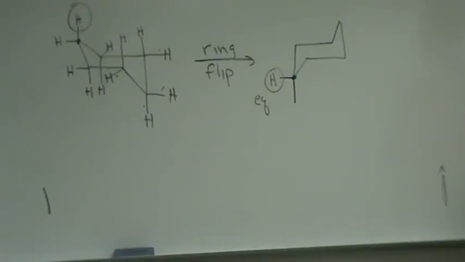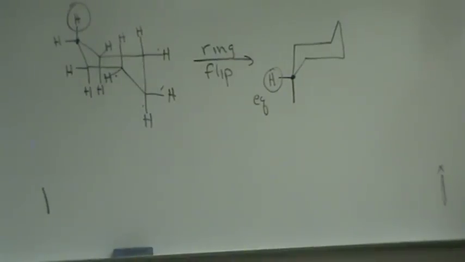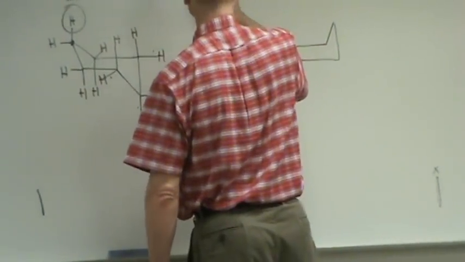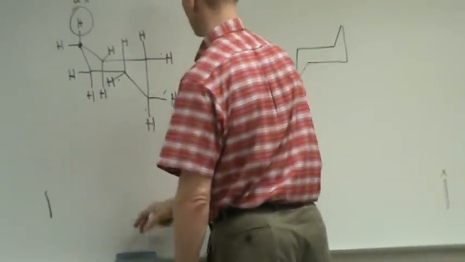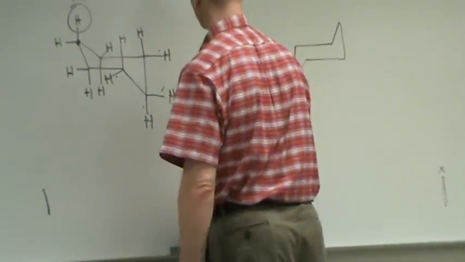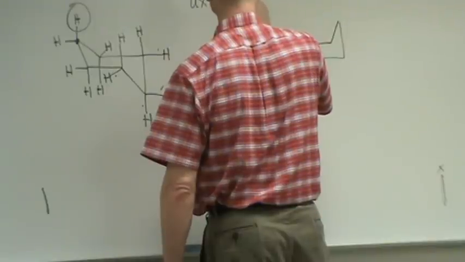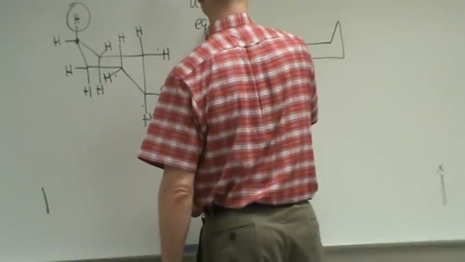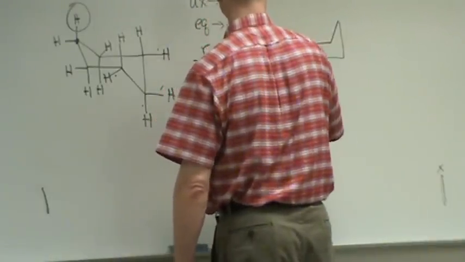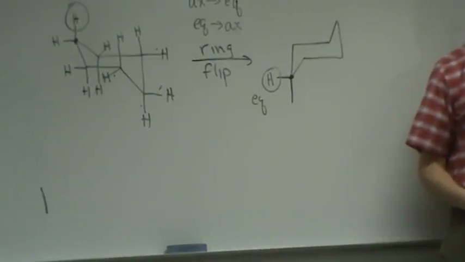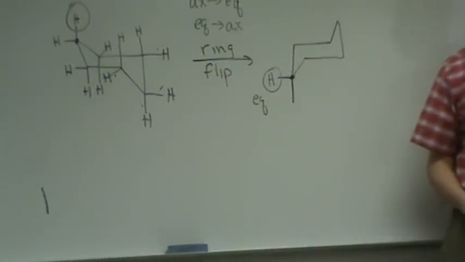So here we find an important principle of ring flips: axials become equatorials, and equatorials become axials upon ring flips.